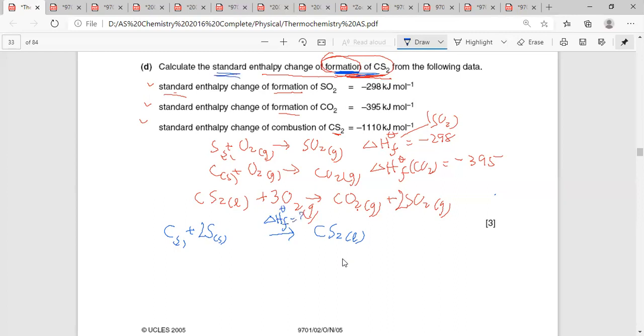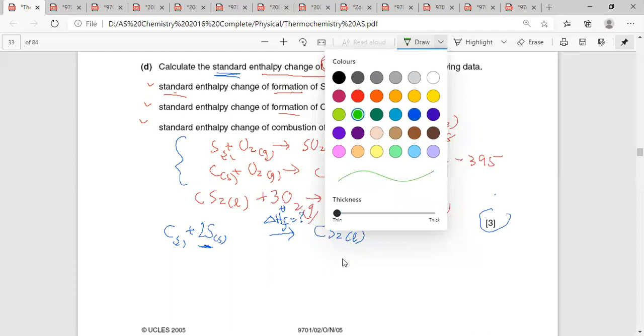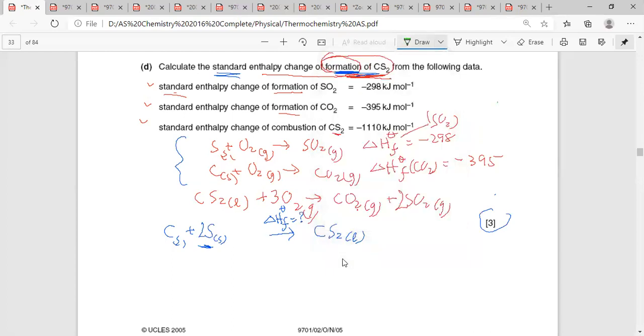So how to get the 3 marks here? Now I must fit all these things into this Hess's Law cycle. The first thing I want to put is, of course, sulfur. I'm going to use green color so it can be distinguished easily. I don't care about my carbon first, just sulfur alone.